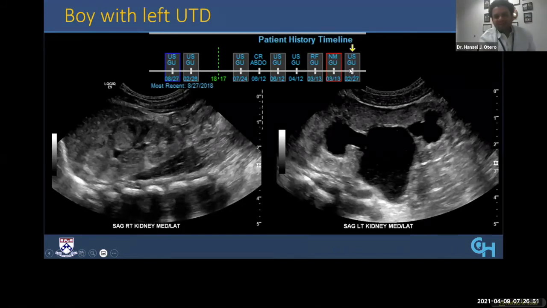Again, you do your ultrasound. It goes from ultrasound to functional imaging, and this is how we code for our VCUGs, or reflux. So anyway, the right kidney is normal, the left kidney has dilatation. You would call it like P2 if you don't see anything on the parenchyma.